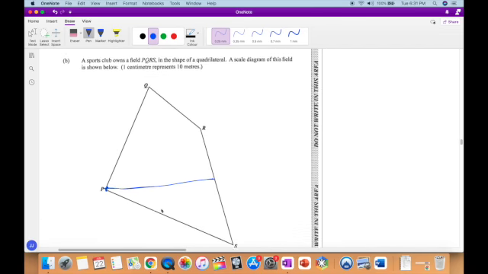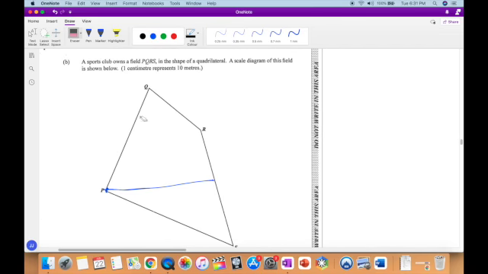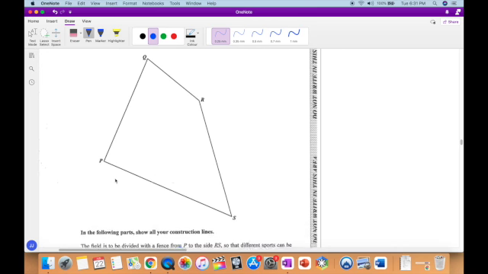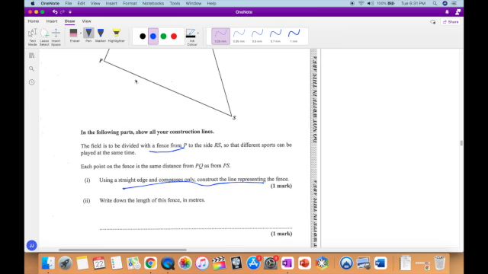Now, a sports club owns a field PQRS, in the shape of a quadrilateral. A scale diagram of the field is shown below. 1 centimeter represents 10 meters. So we could actually measure it because they say it's drawn to scale. Show all of your construction lines.